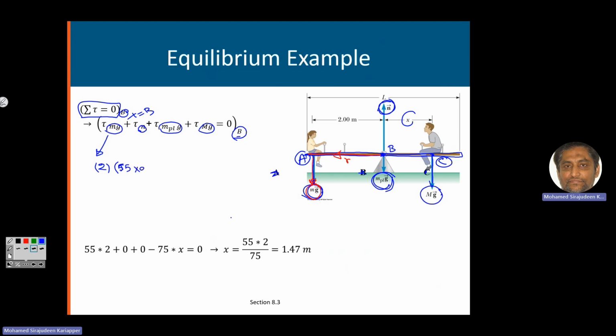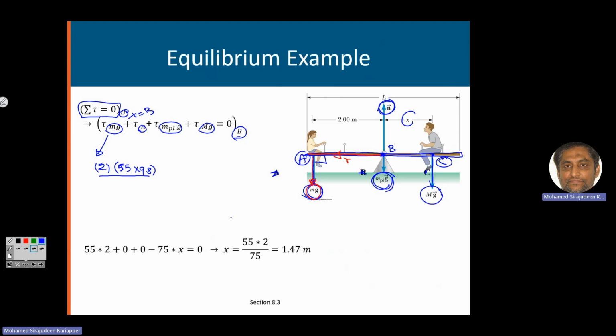You need to multiply by 9.8 to make it Newton, since the force is a weight. It will be 55 multiplied by 9.8. What about the sine theta? The force is already perpendicular to R, so sine theta is equal to 1. Sine 90 is 1, so it doesn't come.